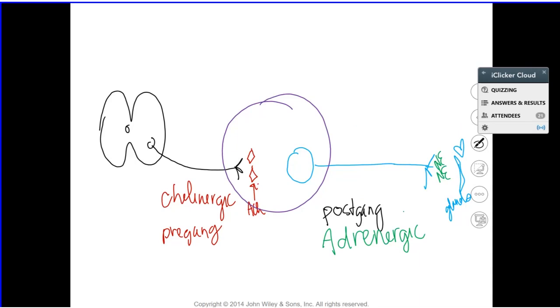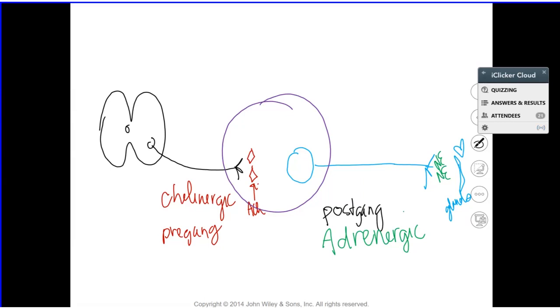Okay. But now I want y'all to look really quickly. Y'all have 1, 2, 3 different pathways that the sympathetic system can take. It all depends on the ganglion pathway. So this first one that we're drawing, this pathway, the neurons are going to meet each other right beside the spinal cord.